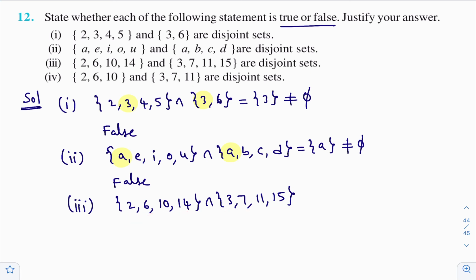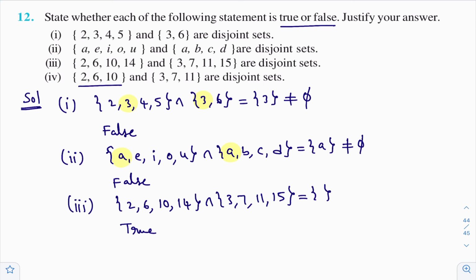So the intersection of these two sets has no common element. The intersection is a null set. If the intersection of two sets is a null set, we can say that they are disjoint sets. That is the same thing mentioned in the question, so this statement is true.